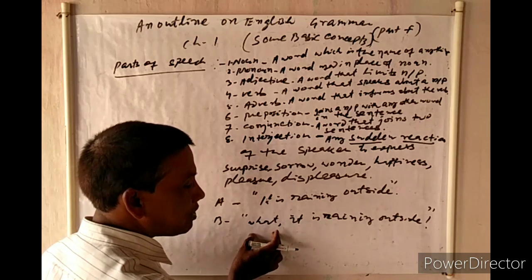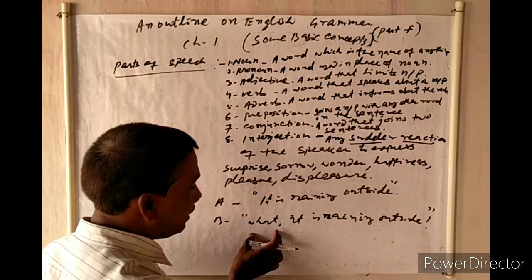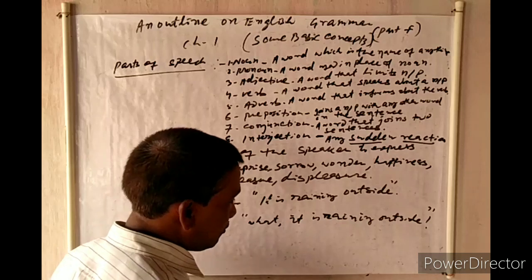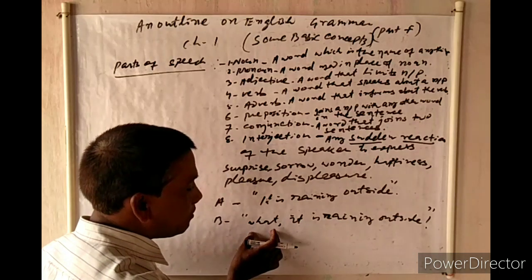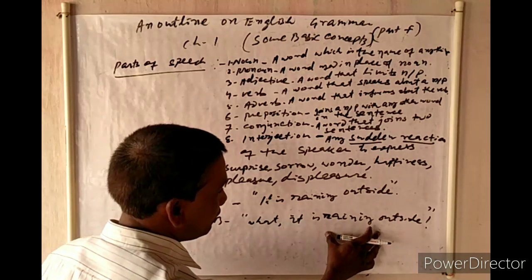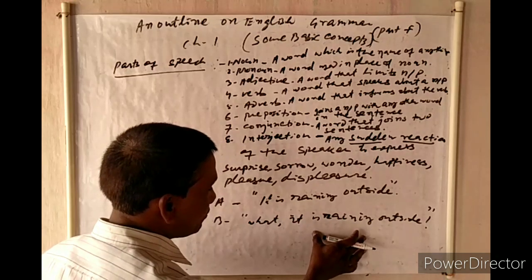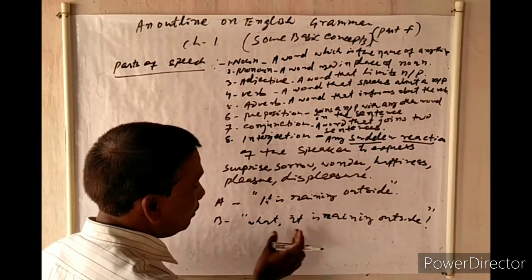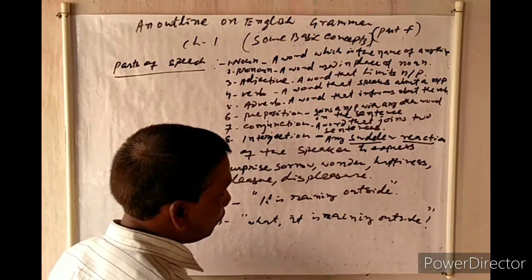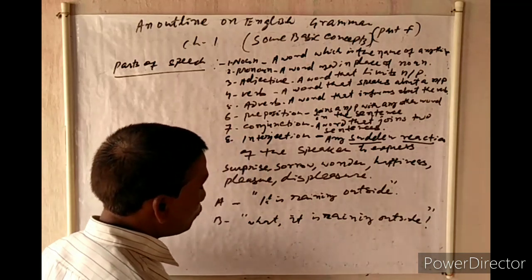B repeats the same sentence of A, but the difference here is the putting of "what". What makes the sentence exclamatory and is just put in this sentence, and this word does not have any grammatical relationship with any other word in the sentence. So many grammarians opine that interjection is not a part of speech.